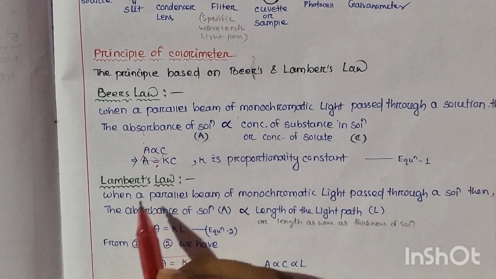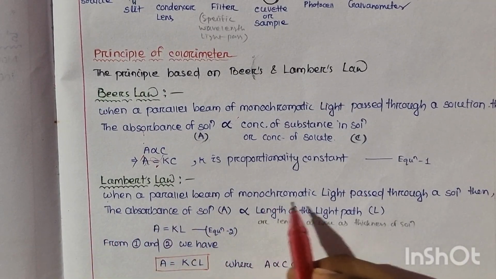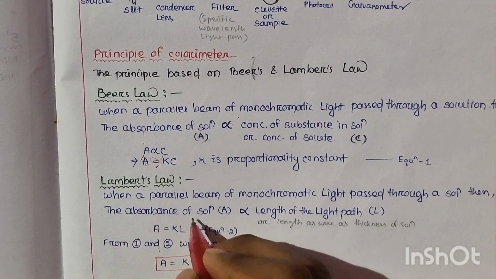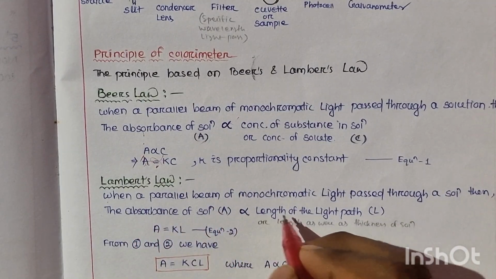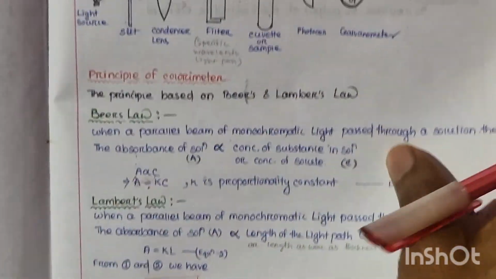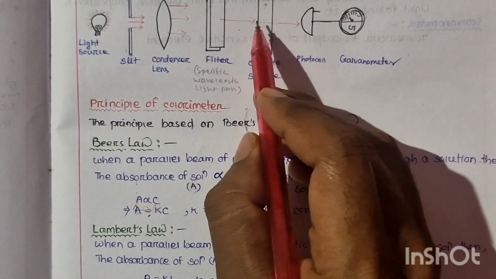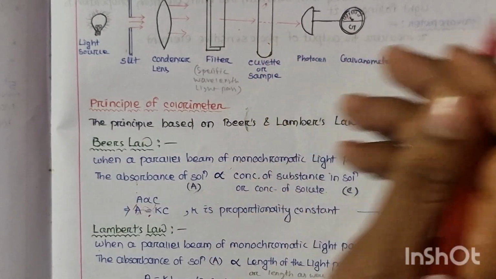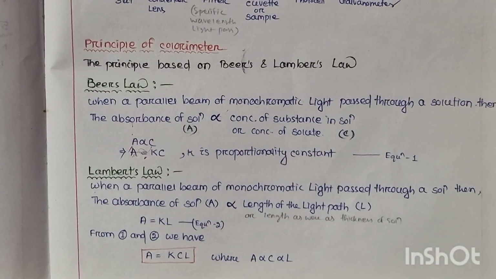Then Lambert's law. When a parallel beam of monochromatic light passes through a solution, the absorbance of the solution A is directly proportional to the length of the light path. Here is the length of the light path, from here to here.